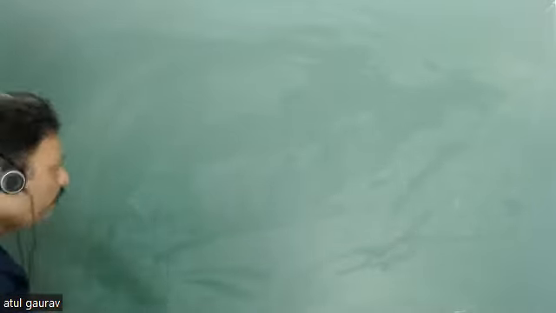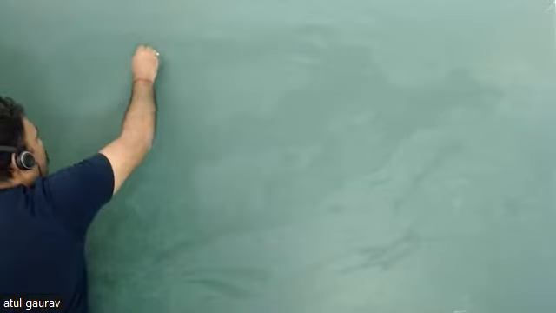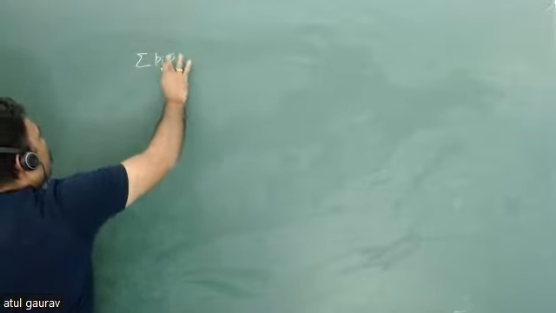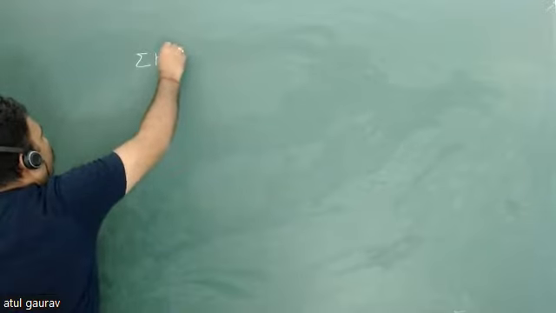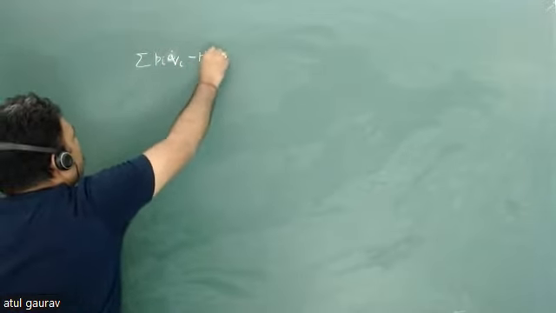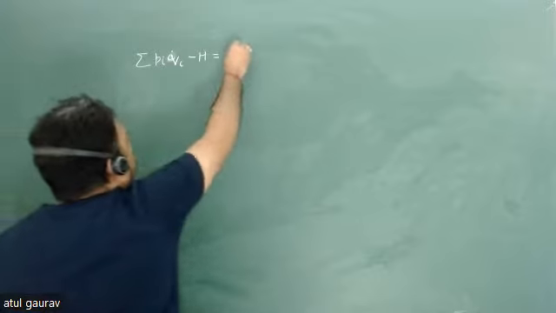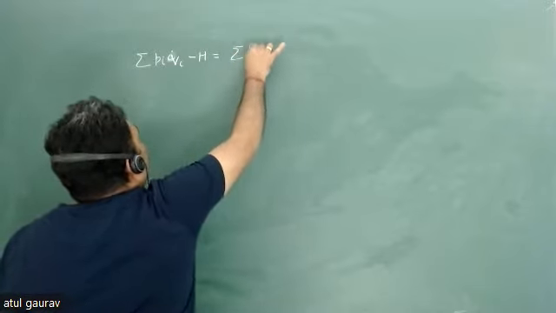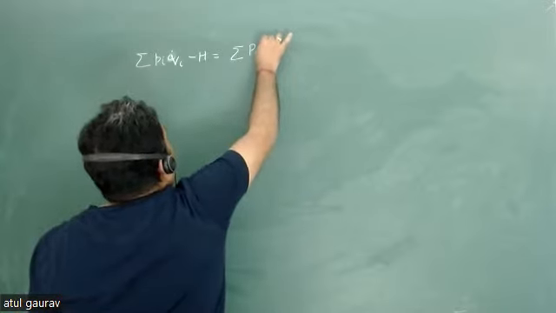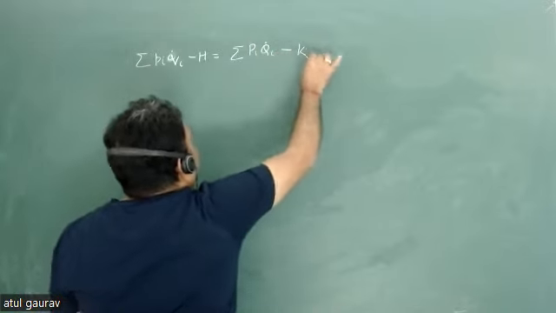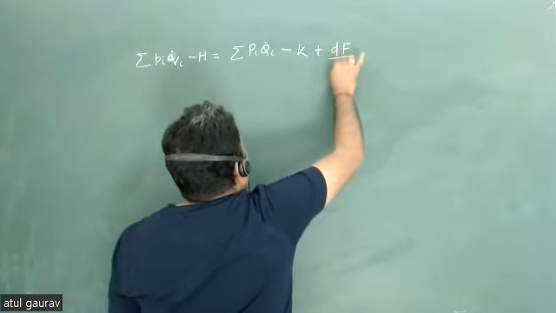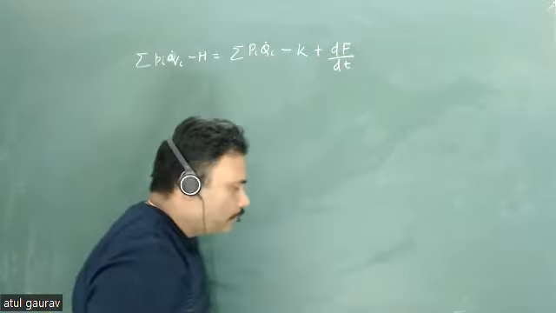Okay. So again, what we have is summation over pi small qi dot minus h, and that value is equal to summation over capital Pi capital Qi dot minus k plus df upon dt.